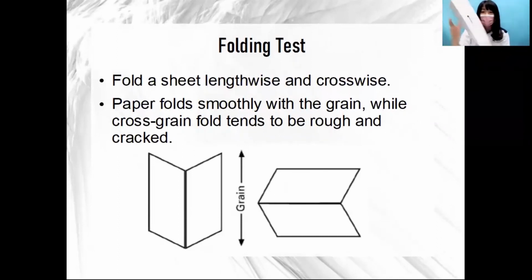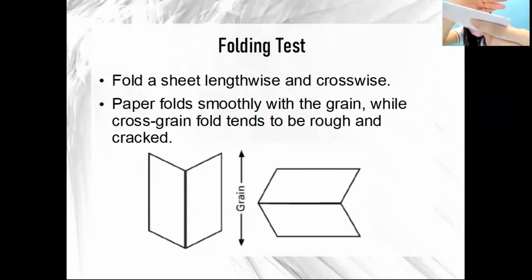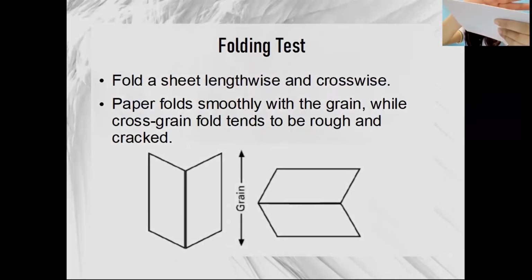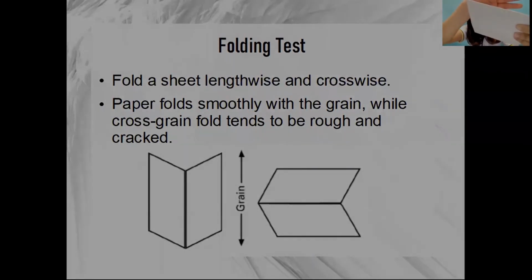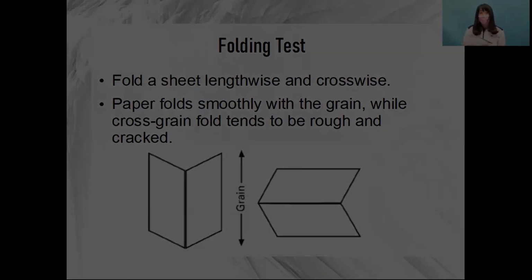You can try to fold following the grain, and it folds very nicely and easily. But if you fold against the grain, it is much harder and there are cracking issues. Can you see the cracking issue? Yes, it is a very clear cracking issue. You can try folding your own cut type paper material.